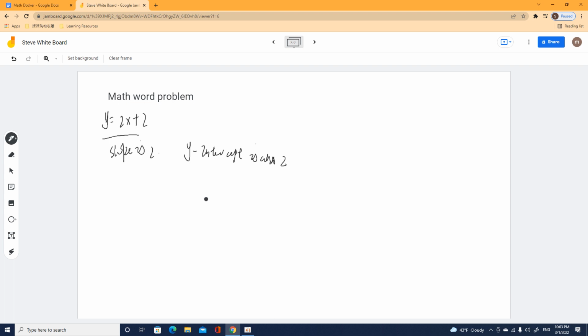Now I'll give you some examples and the keywords about math word problems. I'll make a list. On this column, I'll give the keywords.